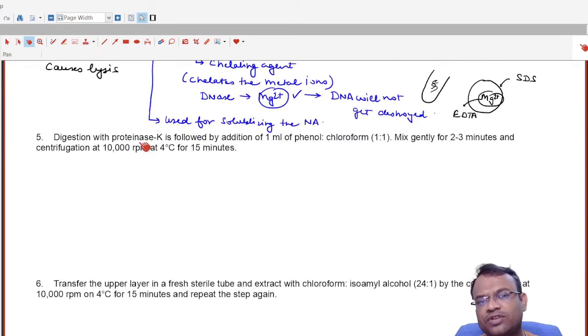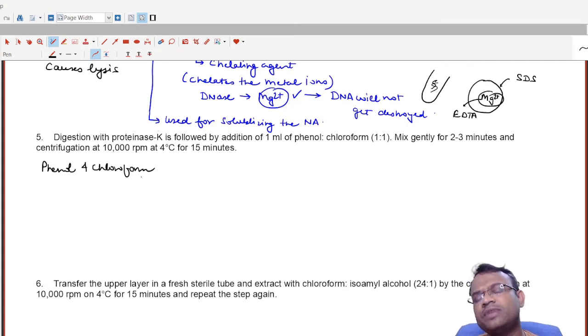Let us move on to the fifth step. After this digestion with the proteinase K, you add phenol chloroform in the ratio of 1:1. Now you might have also studied about the phenol chloroform method. Now these two are immiscible liquids.